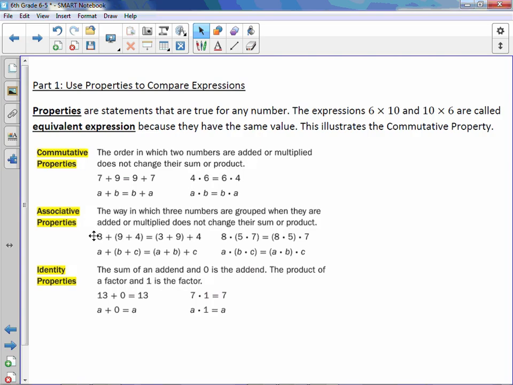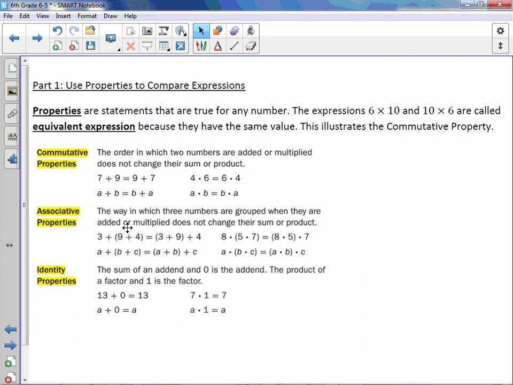The associative property states that the way in which three numbers are grouped when they are added or multiplied does not change their sum or product. So again, we have three numbers being added over here, 3, 9, and 4. The first two numbers to be added are in the parentheses, 9 and 4, and then the 3 added after.